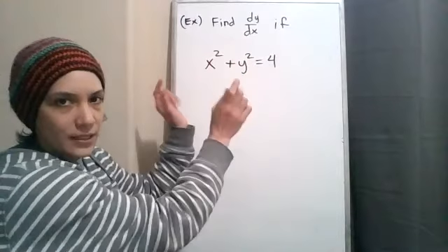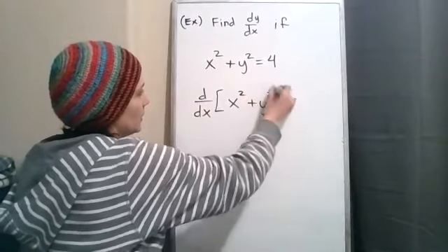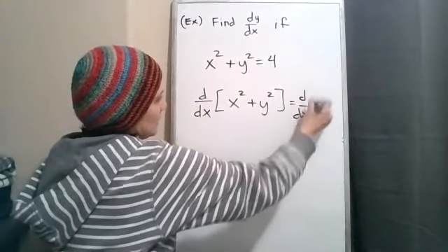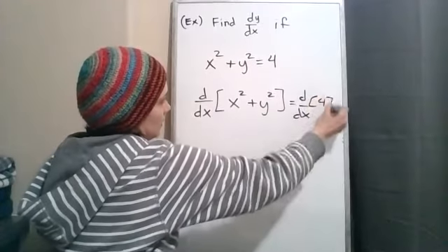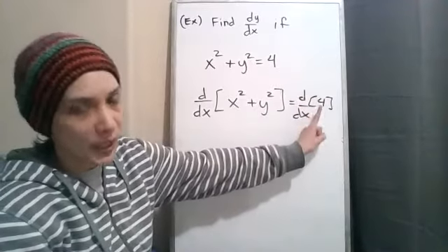Let's write dy dx on both sides, the derivative with respect to x. I misspoke just a second ago. And that's the number 4.